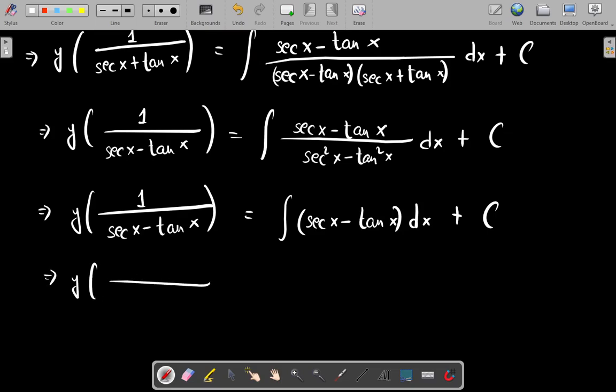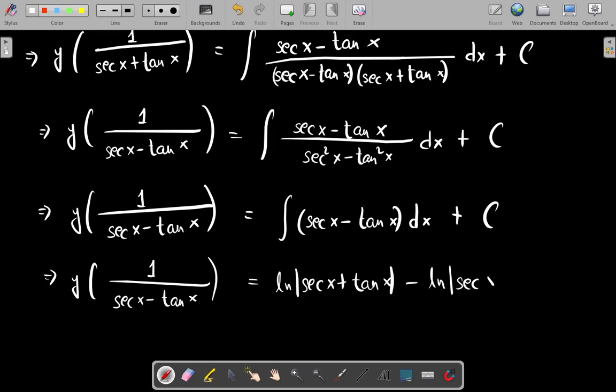So this implies the right hand side now becomes integration of sec x dx, which is nothing but ln |sec x plus tan x|. And integration of tan x dx is nothing but ln |sec x|. And the plus c remains.